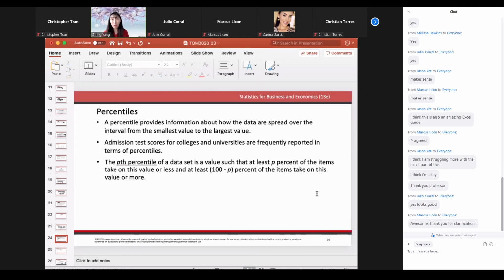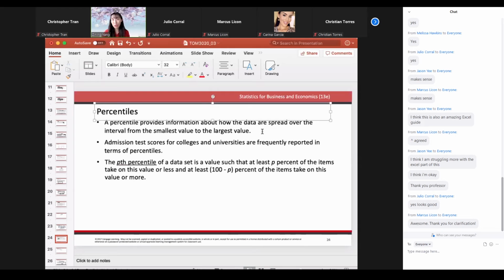Similarly, the concept of percentile and quartile. You may be familiar with the idea that if you make it to the top 10% of your cohort, you get this scholarship, right? What does that mean? How does that translate to percentile?